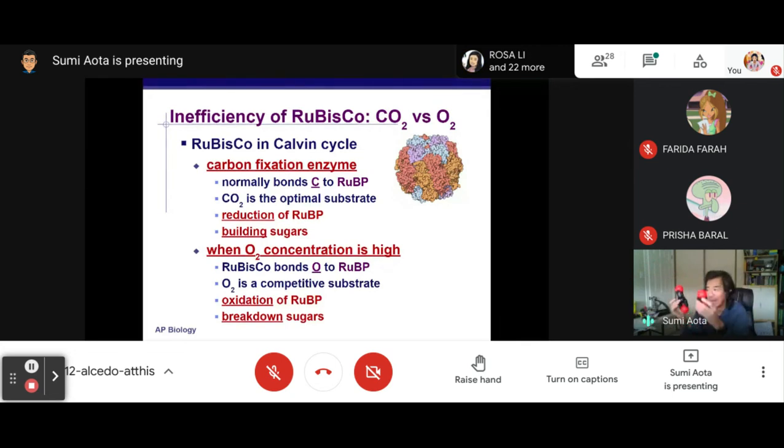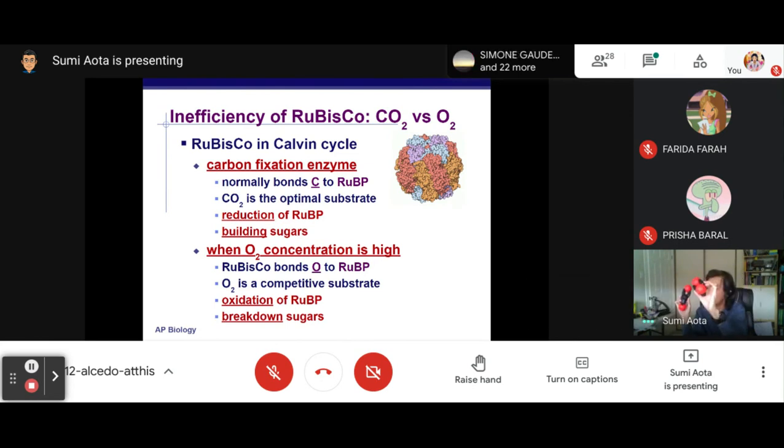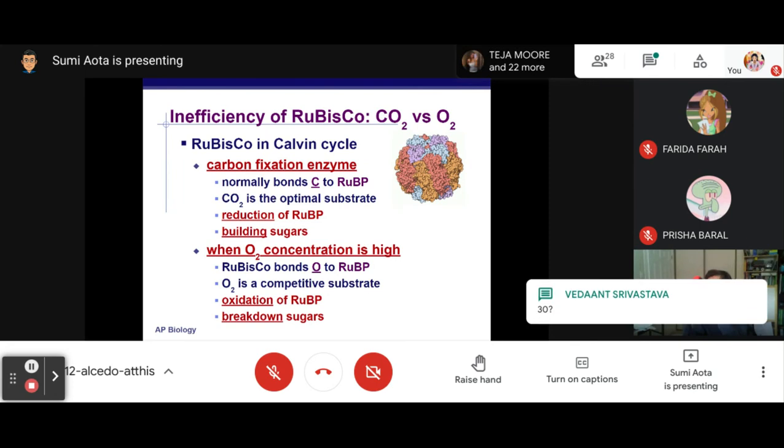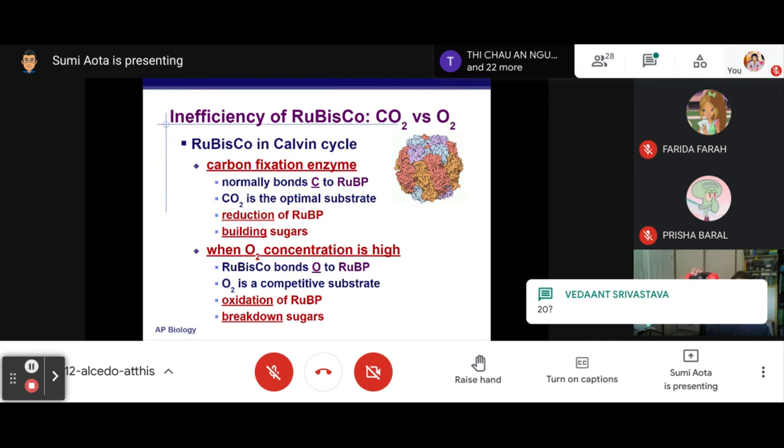In our atmosphere today, which one is more abundant? What's the percentage of O2 in our air? It's about 20%, 19 point something. What's the percentage of carbon dioxide in the air? Lower.